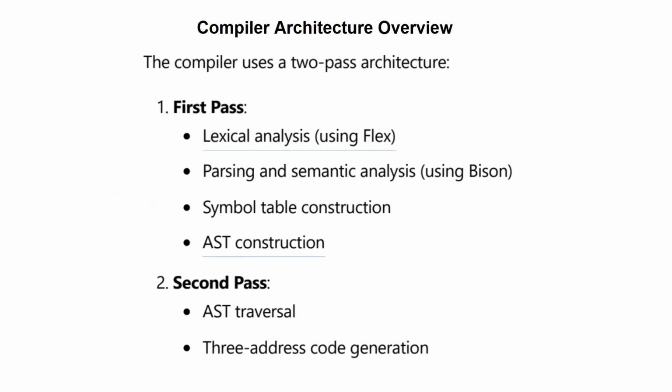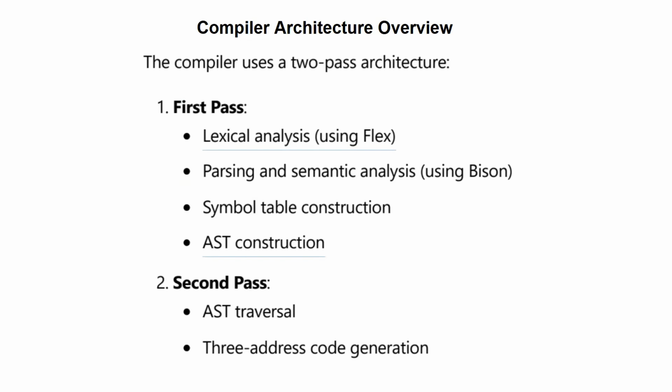Let's explore the components in the first pass: lexical analysis, parsing and semantic analysis, symbol table construction, abstract syntax tree construction. Then in the second pass, abstract syntax tree traversal and a simple assembly-like representation, three address code generation, takes place.